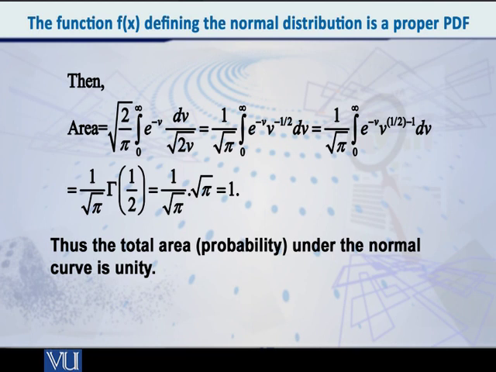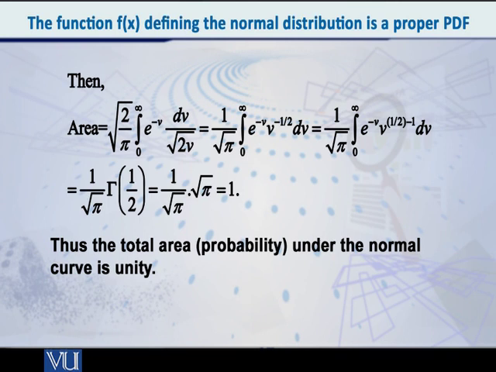We have 1 over square root of pi multiplied by square root of pi. Cancel करें, and what do we get? We get 1. Hence, we have been able to prove that the total area under the normal curve is equal to 1.